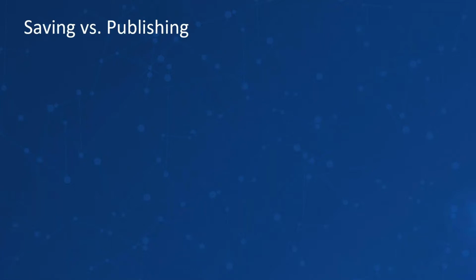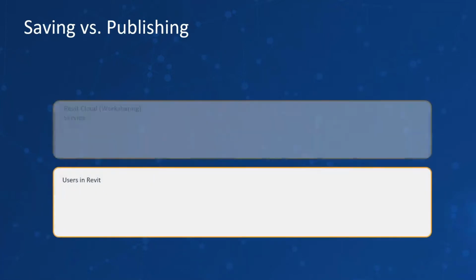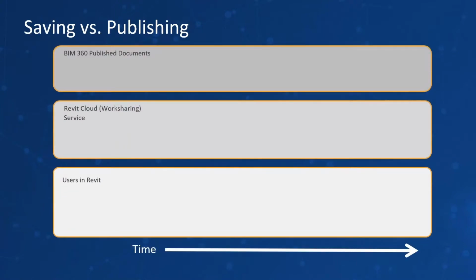Okay, so a couple more concepts, and then we're actually going to dive in, as I mentioned. So saving versus publishing. What you have to understand is that if you look at BIM 360, there are a couple of aspects here. As you've seen, there are a couple of modules. So we do have the users in Revit. There is a central file, but we also have BIM 360 as a location where we have visible files for the wider community.